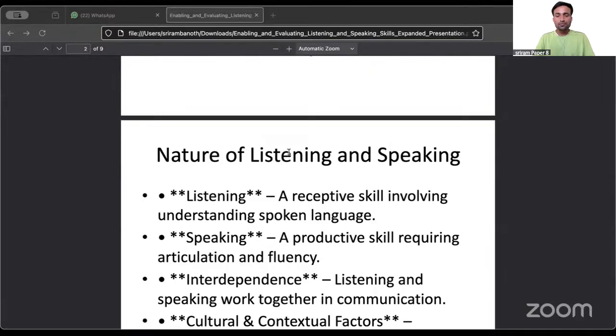Listening, a receptive skill involving understanding spoken language. Speaking, a productive skill requiring articulation and fluency. If you listen to the other person, or if you listen to information carefully, then only you can understand it well and you can convey.